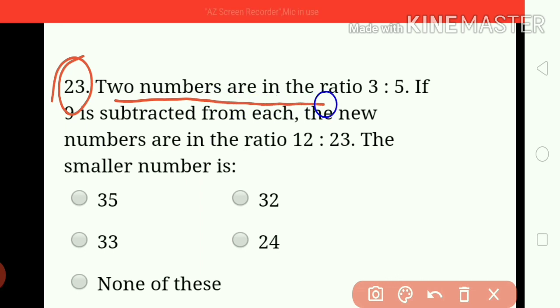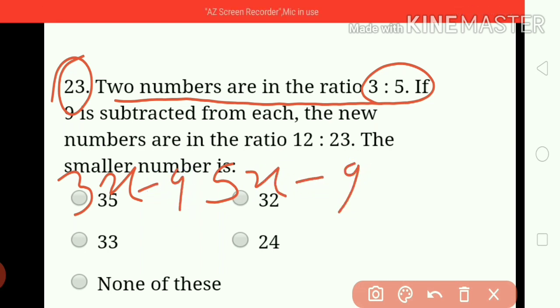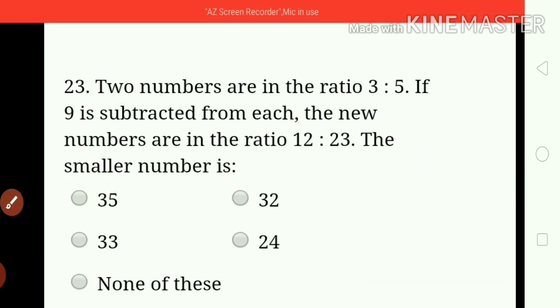The two numbers are in ratio 3:5. Let us take 3x and 5x. If we subtract 9 from them, their ratio becomes 12:23, right? So let us solve it.